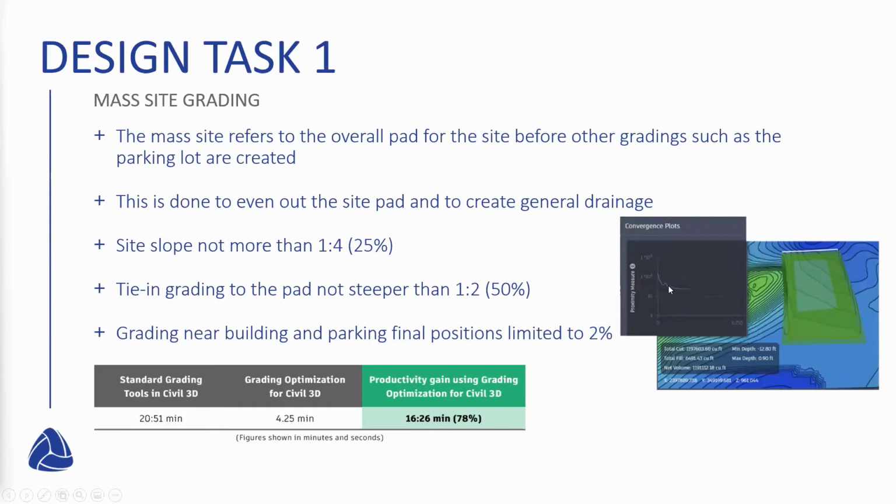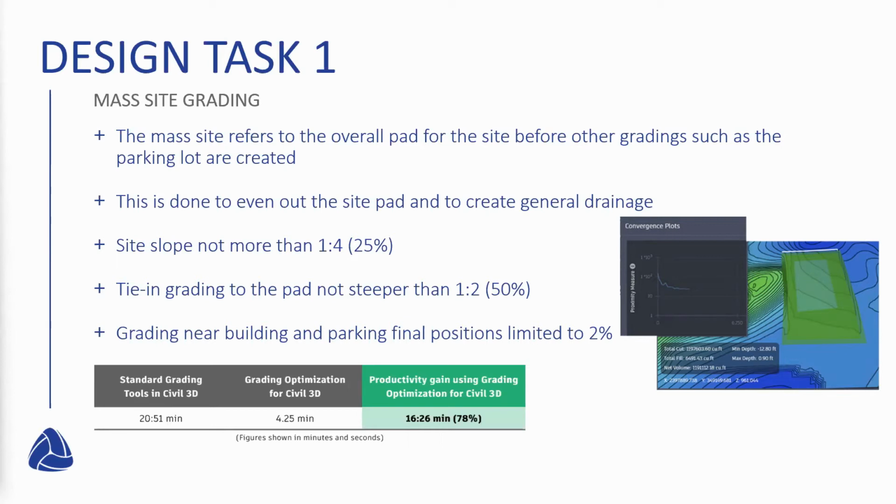As it goes through more and more iterations, this convergence plot smooths out up to a point where it cannot be balanced any further. So you do have an idea of when the software reaches its final conclusion, and you can also see where it ends and how it's balanced out.